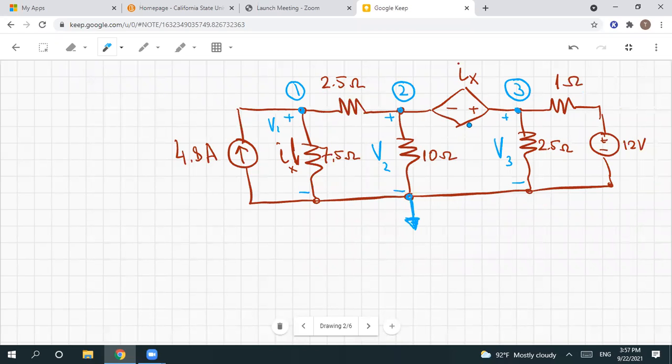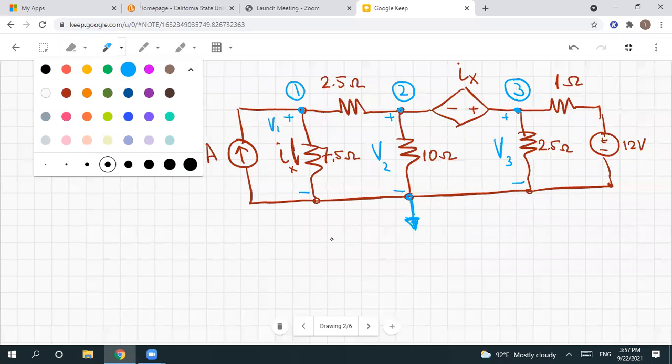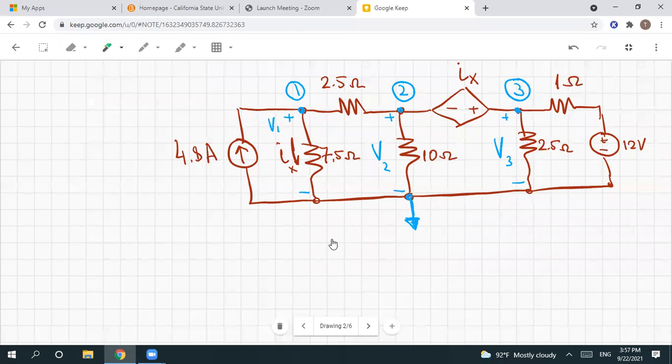So what we can do, if you have a voltage source that is connecting two essential nodes, what will you do? Supernode. Supernode, exactly. So let me select a supernode. The supernode will be that node that connects the two nodes in between which the voltage source is connected.